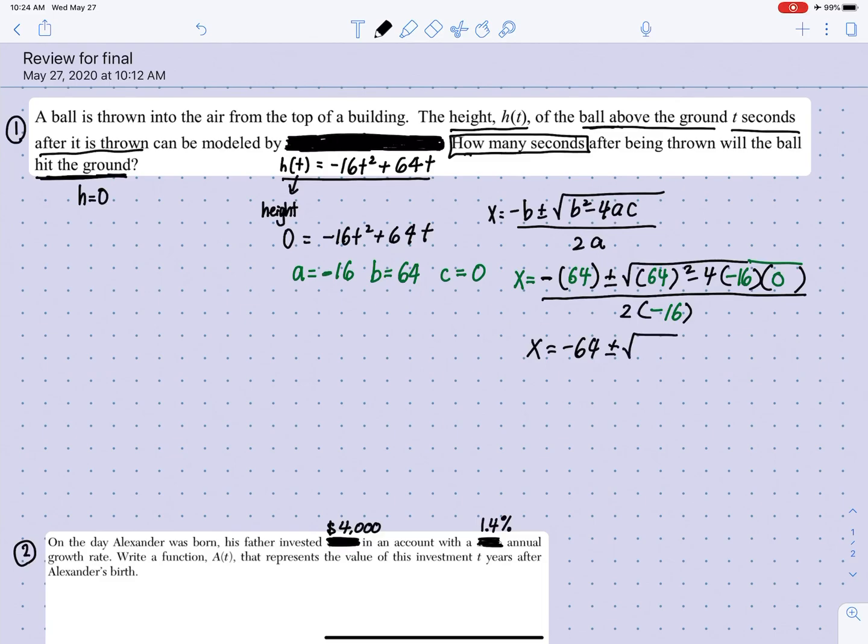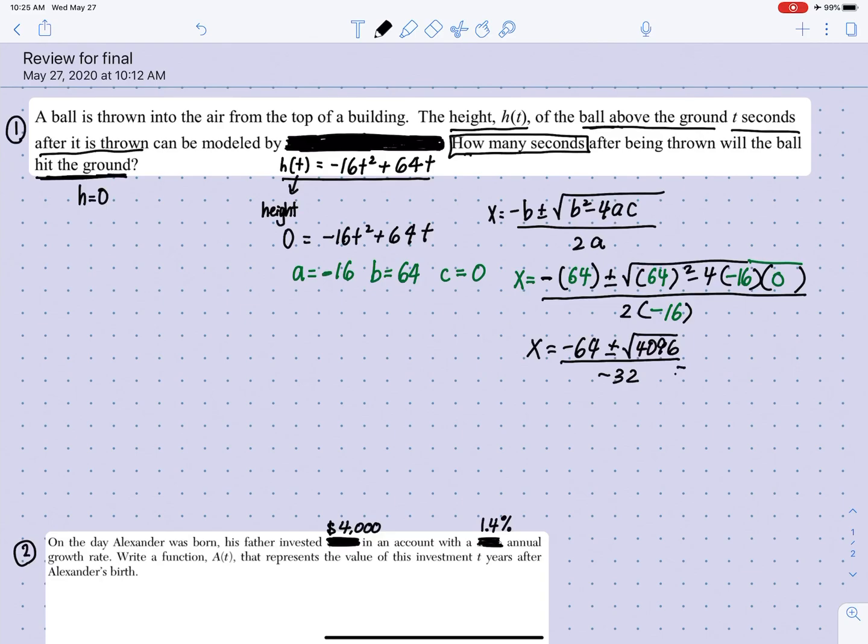Now, I'm going to keep my square root on paper, and then I'll put whatever's inside here into the calculator. And so when I do that, I'm going to get 4,096 all over 2 times negative 16, which is negative 32.